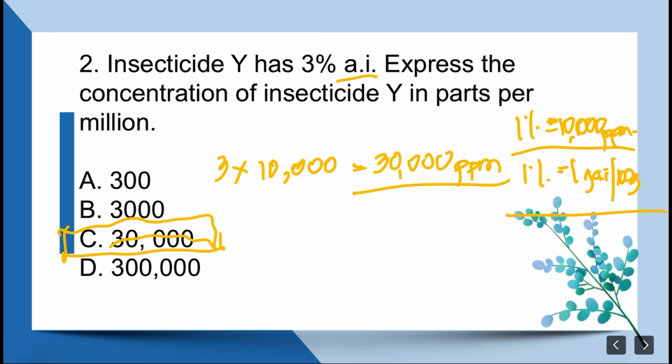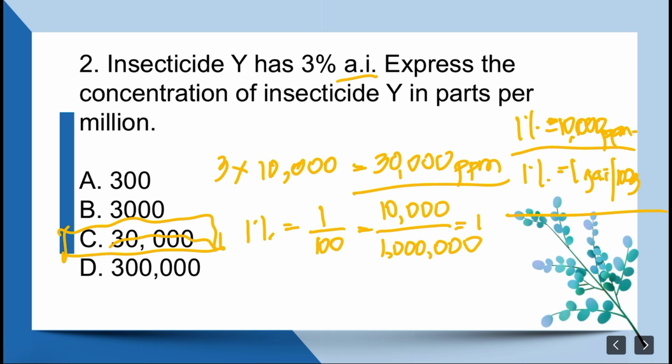In the long method, 1% is equal to 1 over 100, which we equate to 10,000 over 1 million, because we are dealing with parts per million. So this is equivalent to 10,000 ppm.